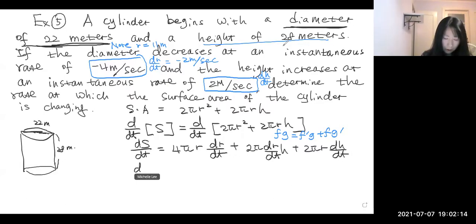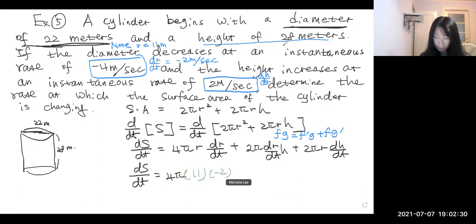So dS over dt equals 4 pi r, which is 11, times dr over dt, which is negative 2, plus 2 pi dr over dt, which is negative 2, times h, which is 28, right?